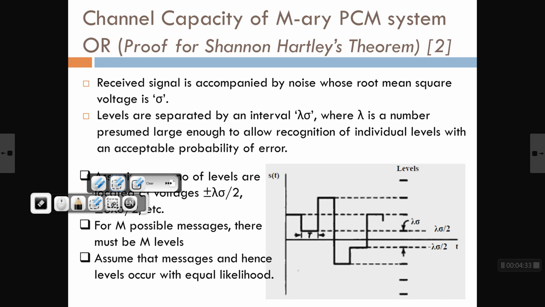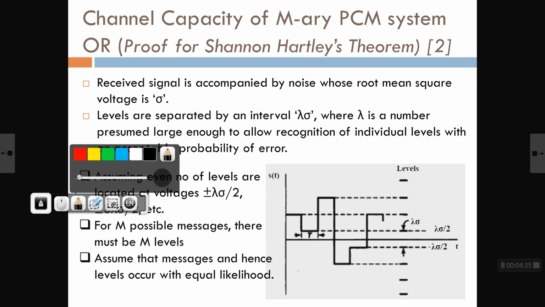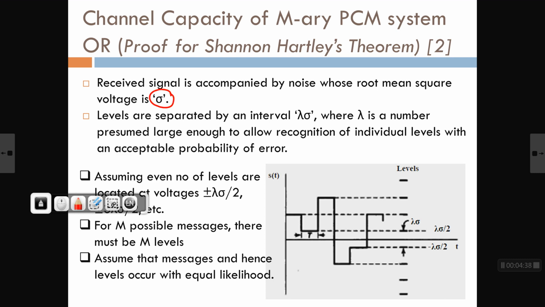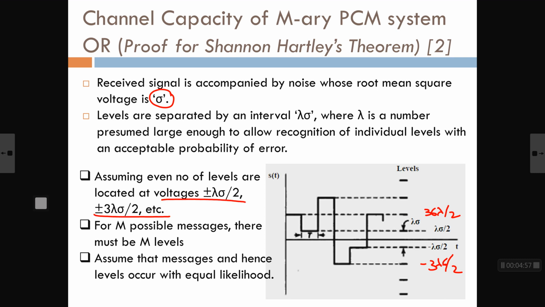The root mean square value of this noise is σ. Now I have taken these levels as λσ/2, 3λσ/2, minus 3λσ/2, etc., but I didn't tell you what is λ and what is σ. So assuming that there is an even number of levels, the levels are located like this, plus minus λσ/2, etc.